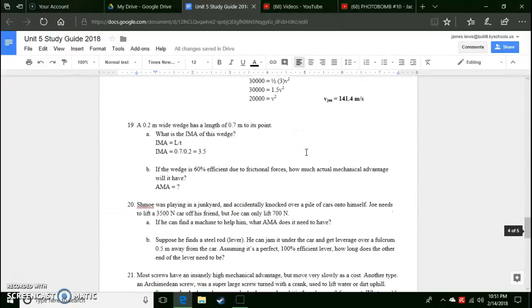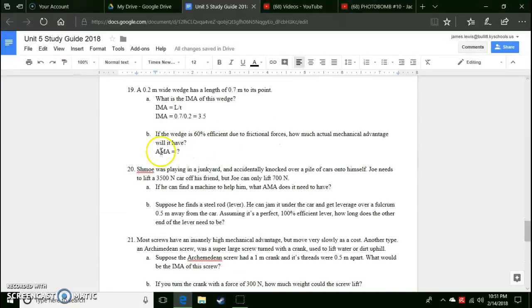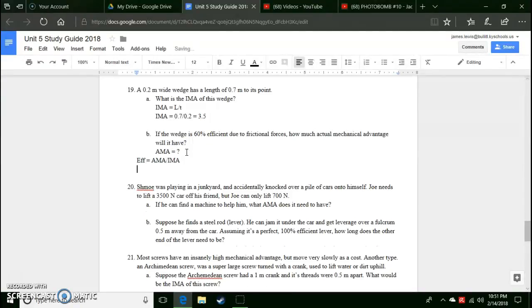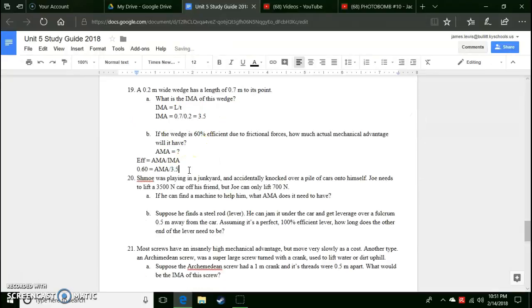The wedge, the efficiency is going to be equal to AMA divided by IMA. So the equation we want to use is efficiency equals AMA divided by IMA. And then I'm going to plug in the information that I know. 60% is the efficiency. I want that as a decimal, so 0.60 is 60%. AMA is the question that I don't know, and IMA, we found out in the last problem, is 3.5.